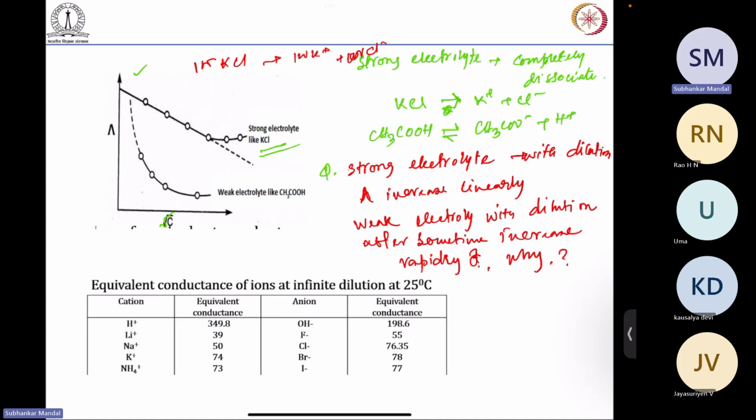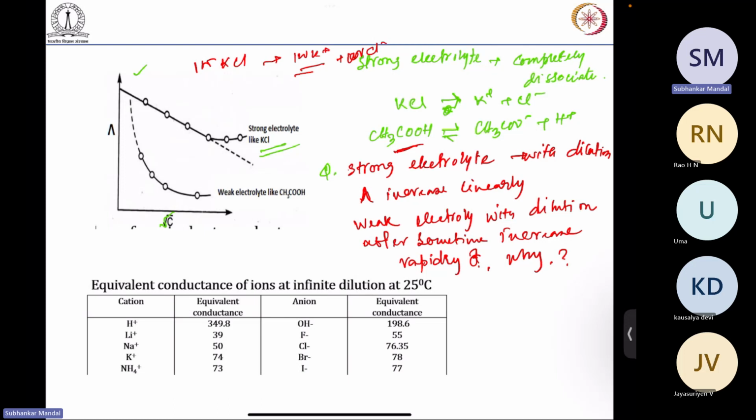In a weak electrolyte, it's true that if you dilute the solution, the undissociated acetic acid molecules will dissociate. But for a strong electrolyte, it is completely dissociated, so the number of ions is constant. So that is not correct.